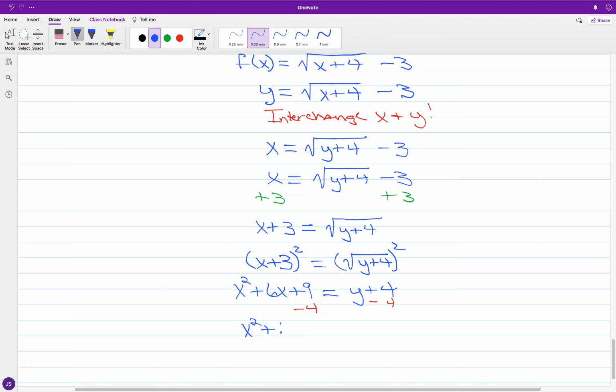So we have x squared plus 6x plus 5 is equal to y.